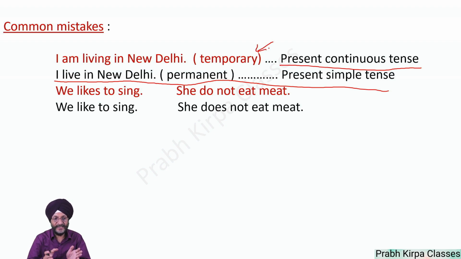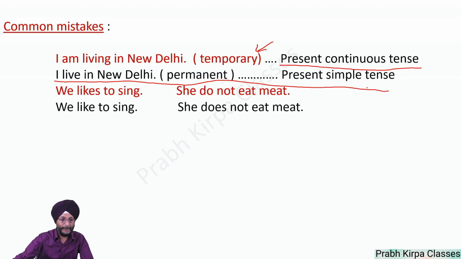When we are residing at a place and are not likely to shift to any other place, we will always use present simple tense. However, if it is written that I am staying in a hotel, then it will be okay, and it will be present continuous tense. When we say I live in New Delhi, it is a permanent fact, and for this purpose we will use present simple tense.